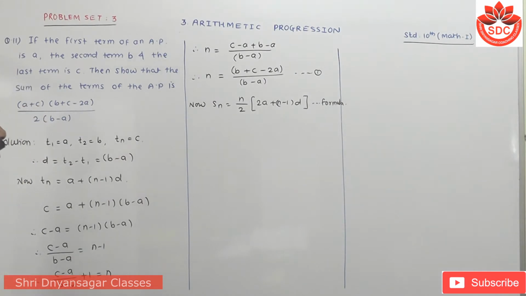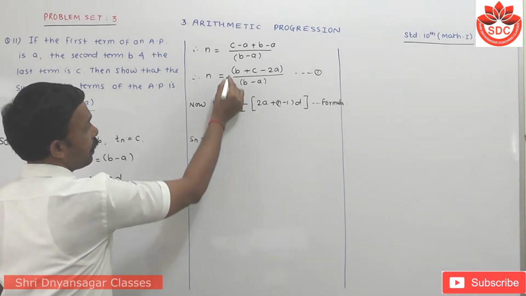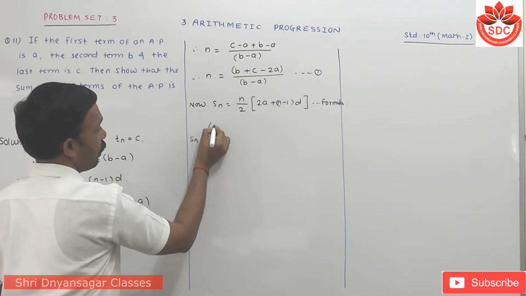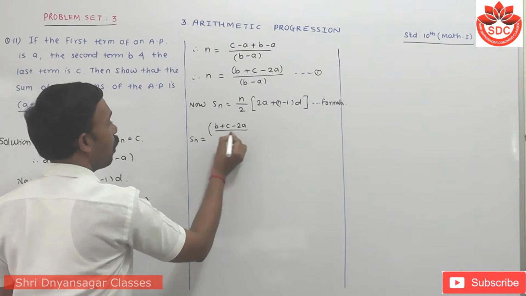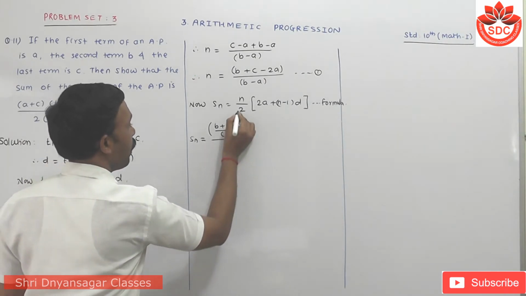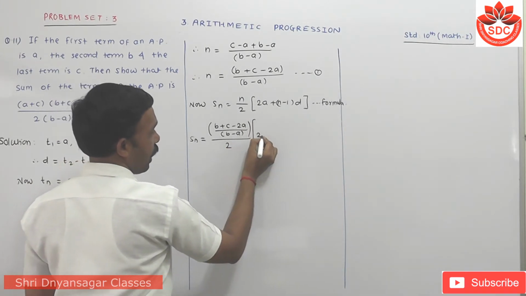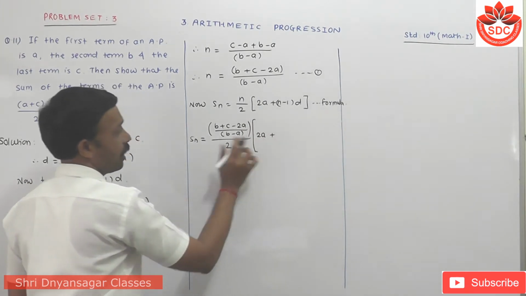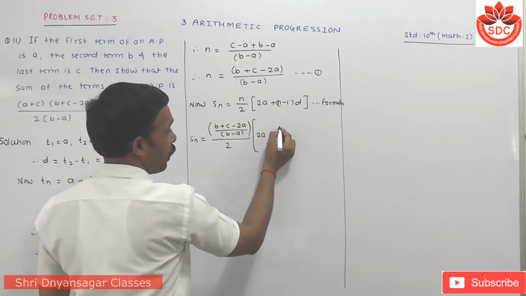Now, student, I write Sn as it is, equal to n, which is this value, (b + c − 2a)/(b − a), divided by 2. Then I write the remaining bracket such that 2a as it is plus, because a is the first term, again I substitute the value of n.